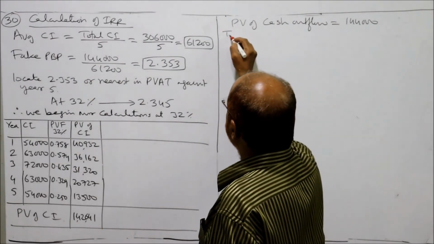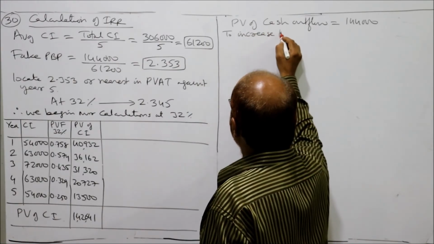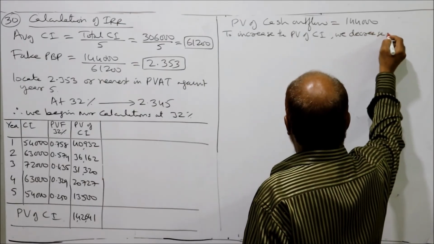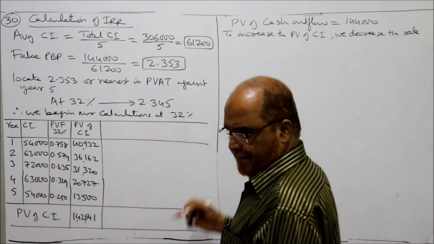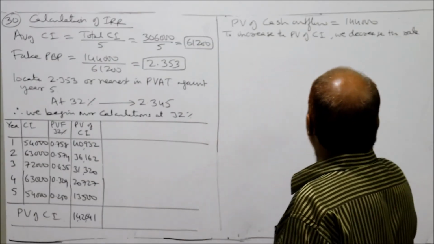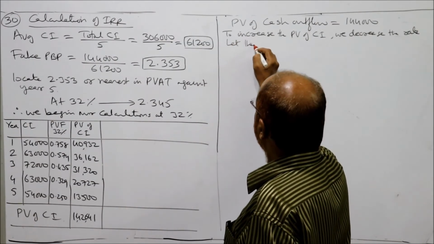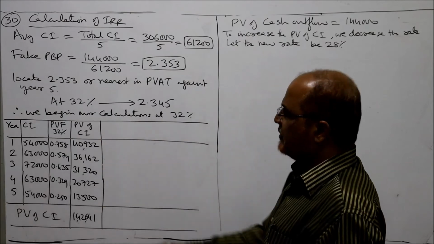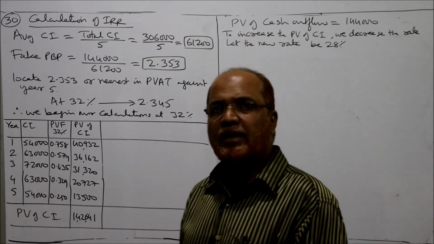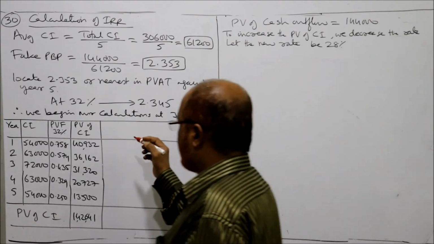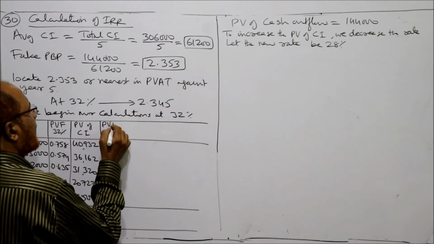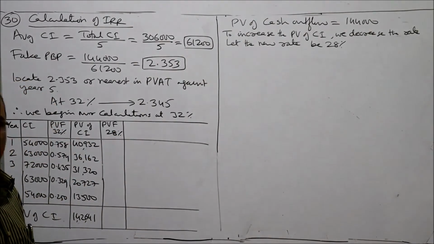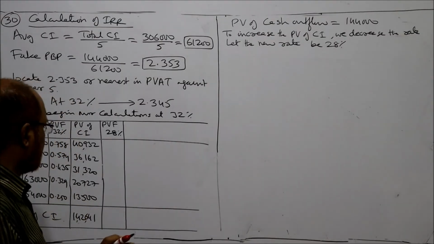To increase the PV of cash inflow, we decrease the rate. Let the new rate be 28%. Earlier we have taken 32%. We'll reduce by 4% and take 28%. At 28% we'll see, and if it doesn't work, we will change again. What we require is one amount more than 1,44,000 and the other amount less than 1,44,000.